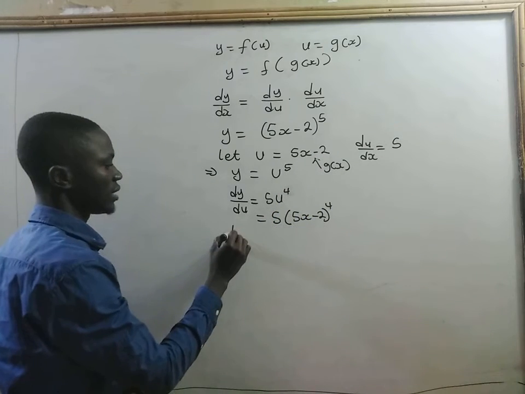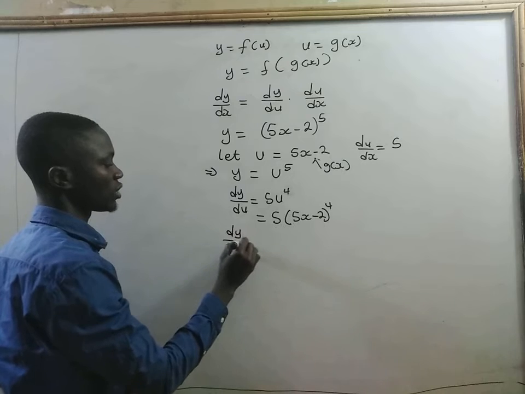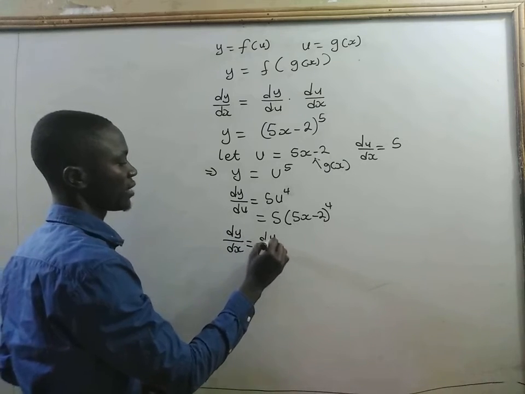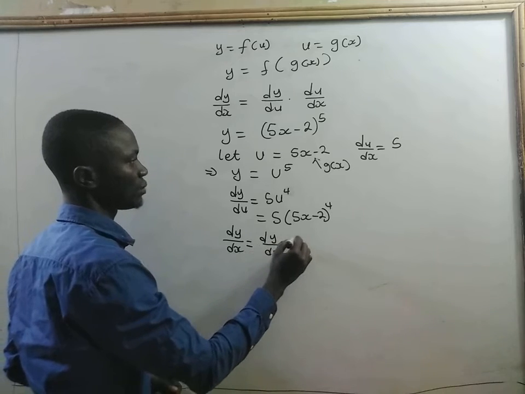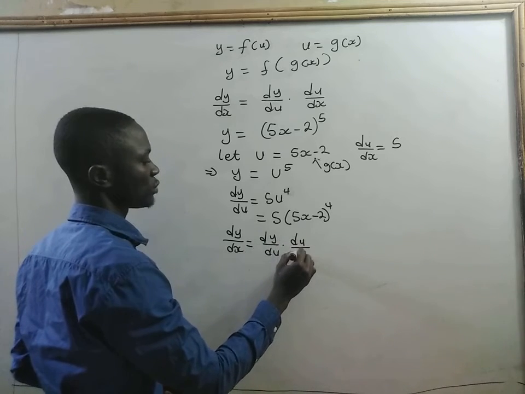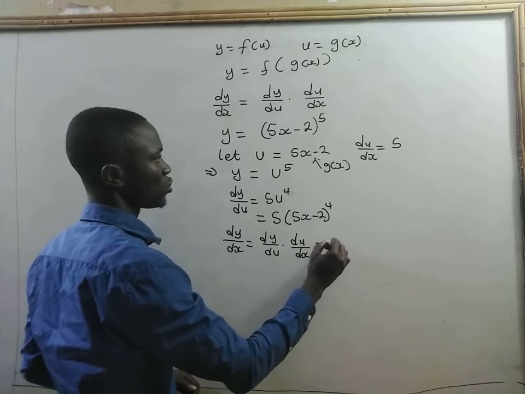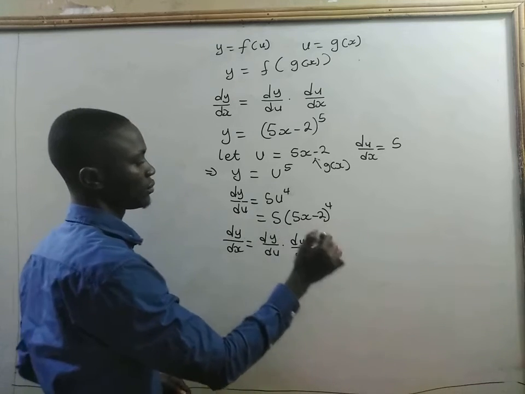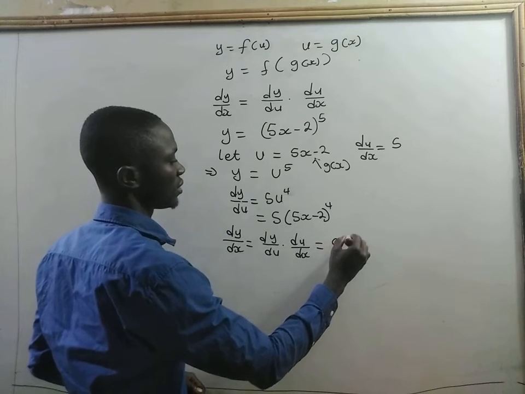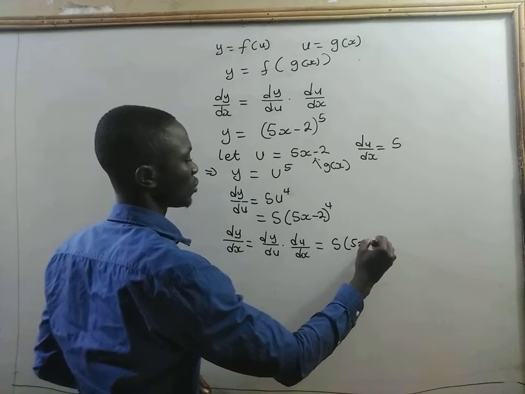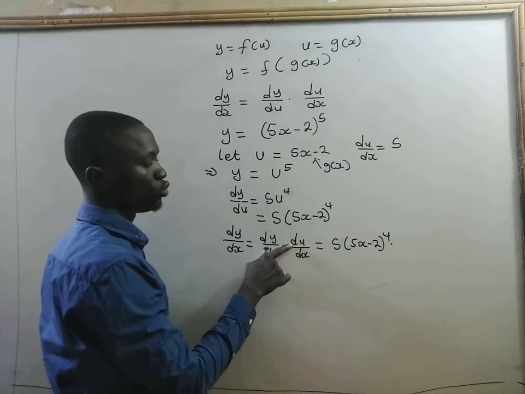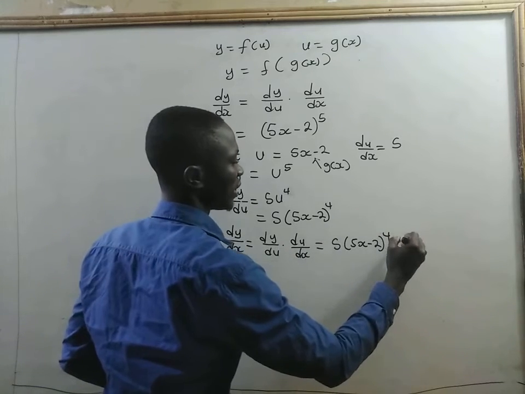So here, the derivative of y with respect to x is equal to the derivative of y with respect to u times the derivative of u with respect to x. We have 5 times 5x minus 2 to the power 4 times du on dx, which is 5.